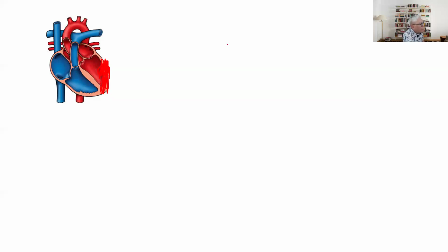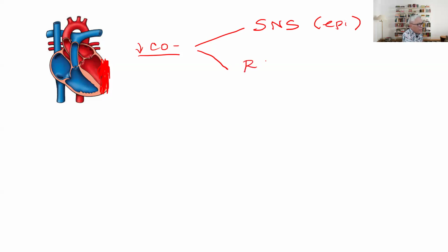That's what infarction means. So what happens to your cardiac output? Your cardiac output is going to be diminished, and therefore it leads to compensatory mechanisms. These could be the sympathetic nervous system, where you remember epinephrine is released, and then the renin-angiotensin-aldosterone system is activated.